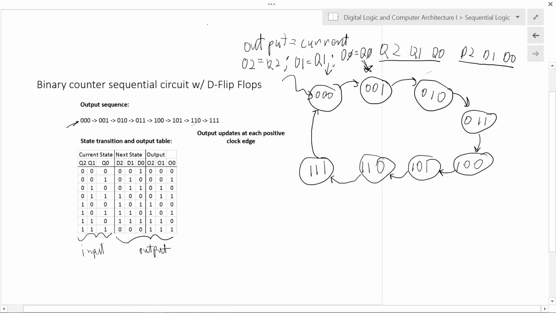Because O2, O1, and O0 are already taken care of, we only need to optimize D2, D1, and D0. Let's take a look at D2. We have Q2, Q1, Q0. Let's create our K-map.